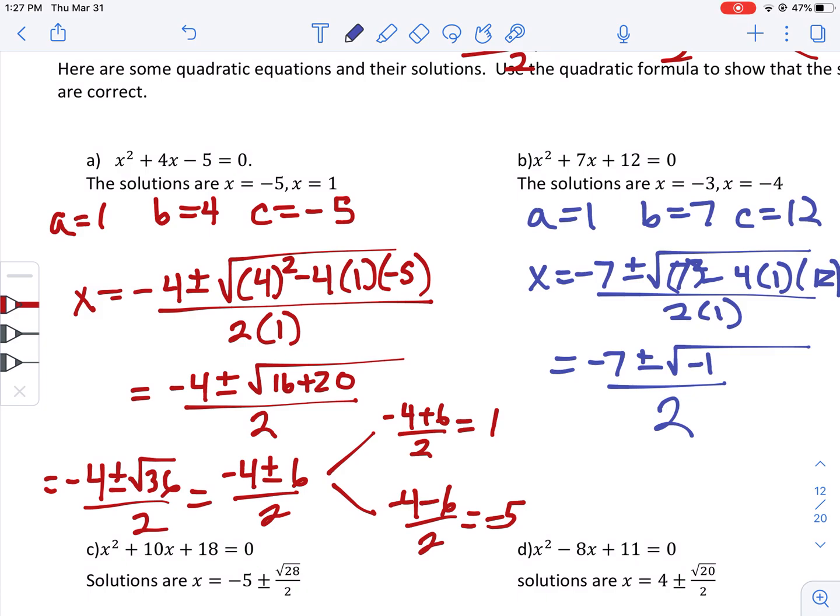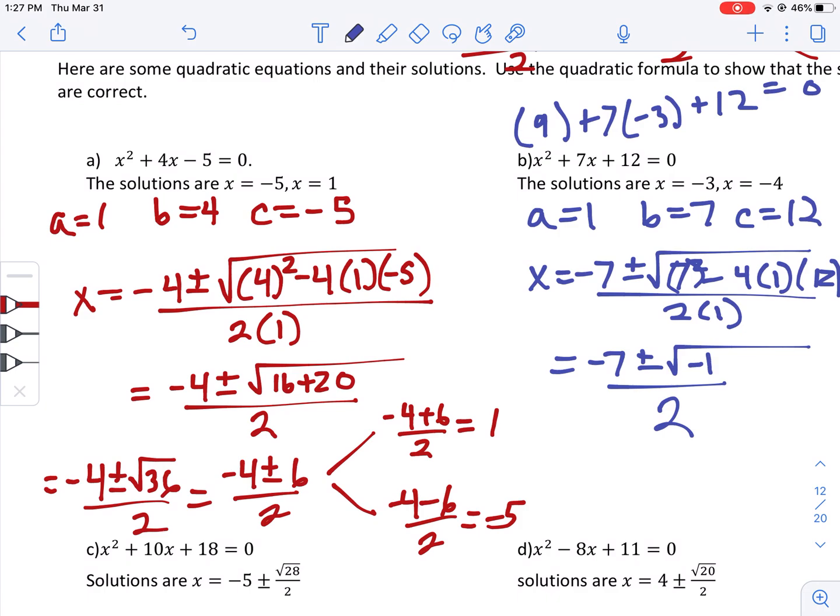Maybe this problem is wrong. So negative 3 squared, so that's 9 plus 7 times negative 3 plus 12. So I must be doing something wrong.